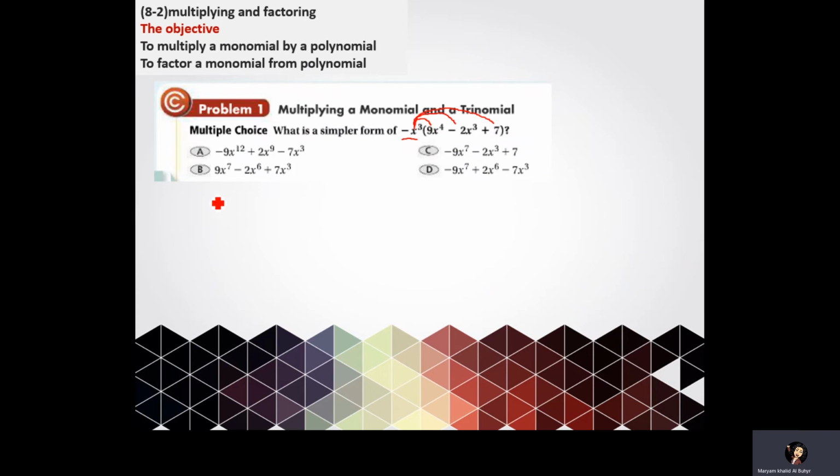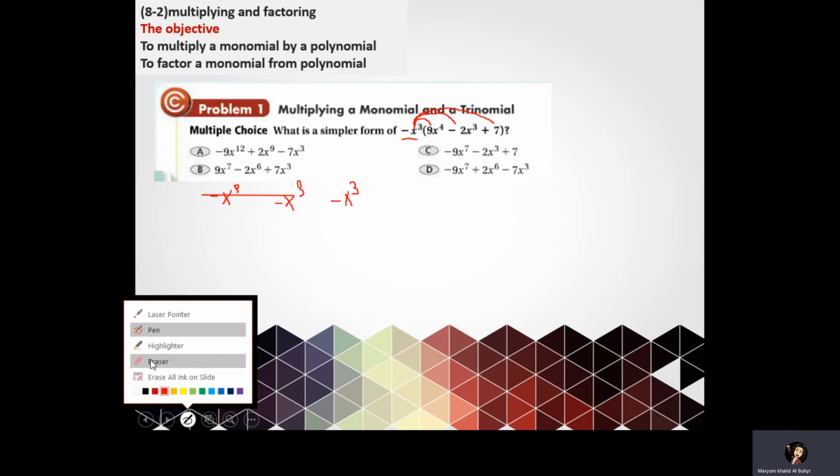So let's do that. The first one, negative x to the power 3. I'm just preparing what I will distribute.